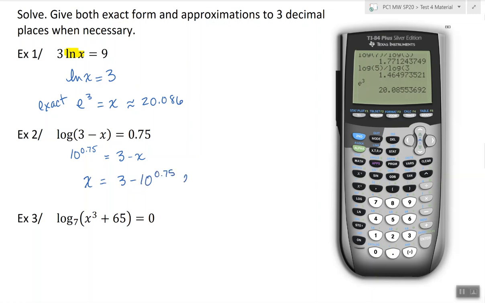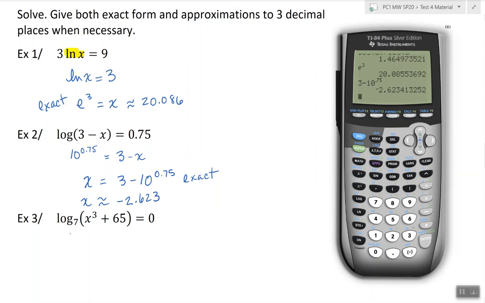This is, again, our exact answer. And putting this into the calculator to get an approximation, 3 minus 10 to the 0.75, we get a negative 2.623.